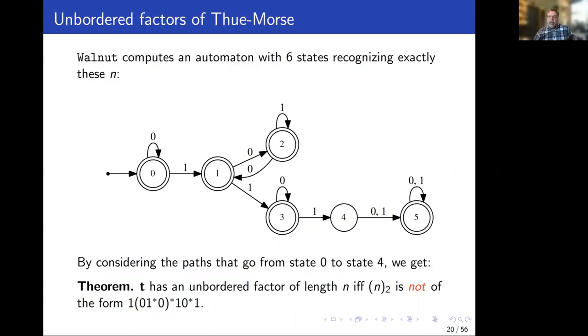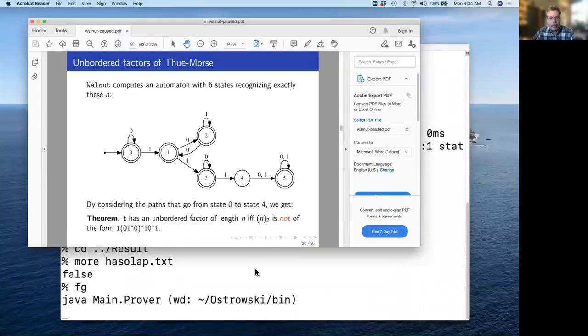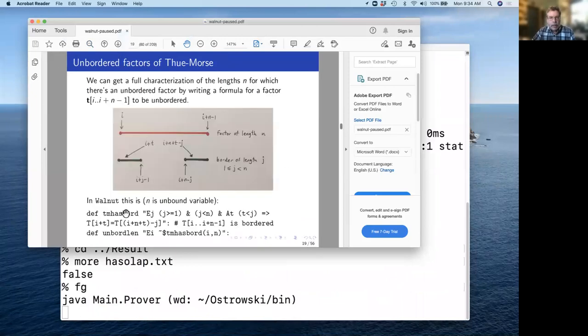Now when I say it gives you this automaton, what do I mean? Let's exit and see what we get. Let me go back one slide, and for some reason it's not letting me select.